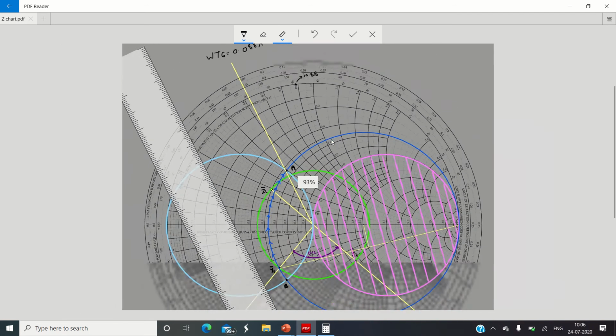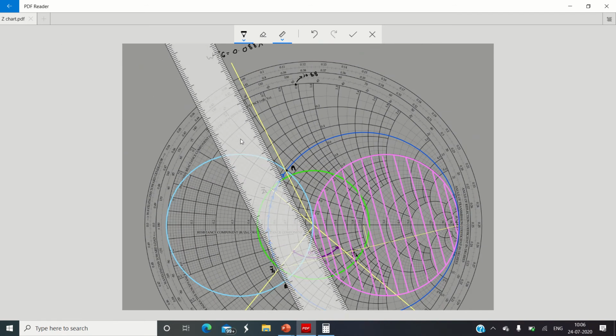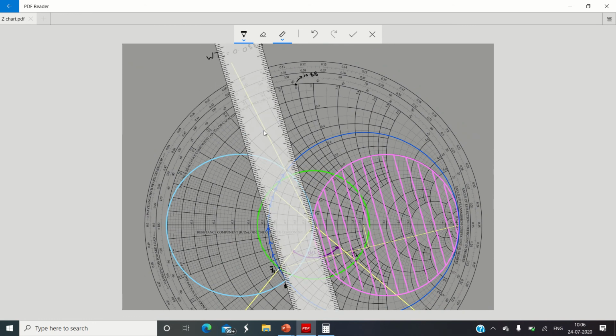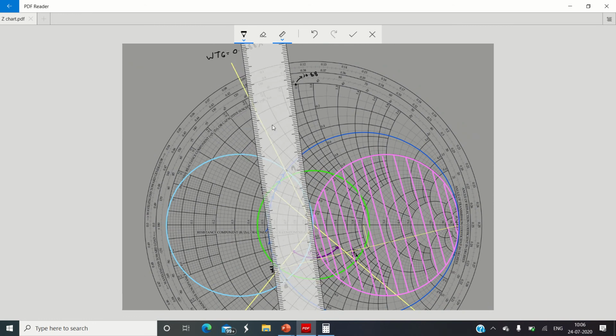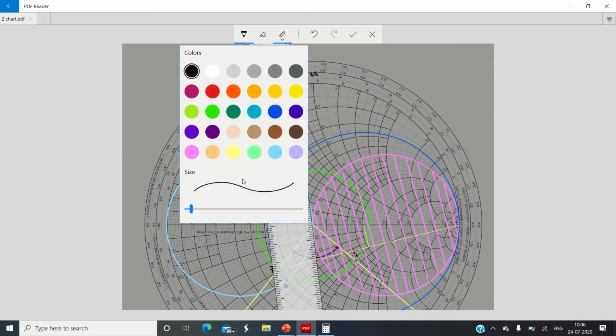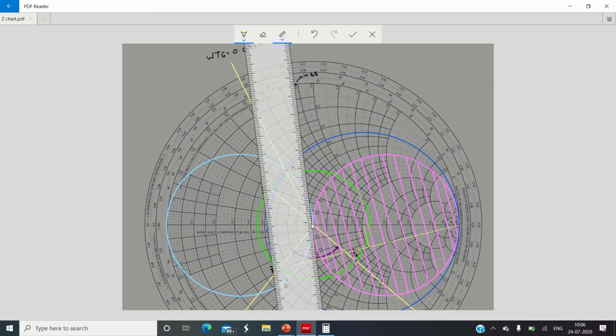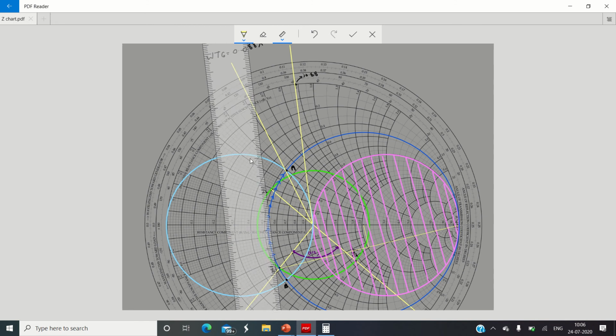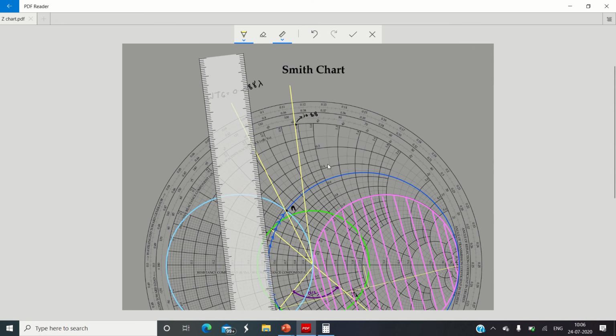Take the scale, orient the scale such that it connects this plotted imaginary point with the center of the Smith chart. Take the yellow color as usual and draw a straight line, and read the value of WTG there.